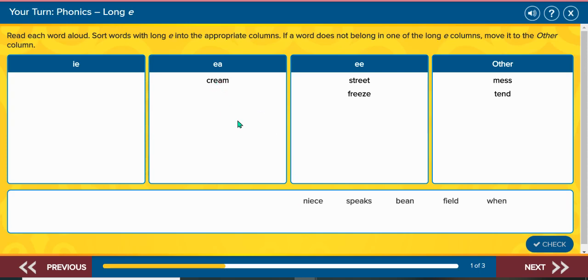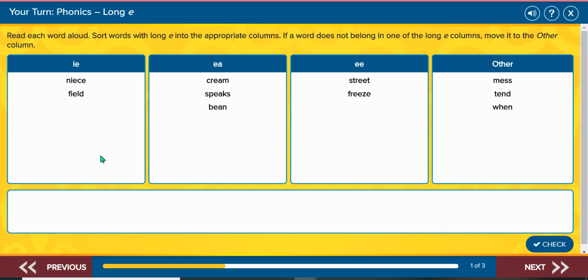Notice how it's in the middle of a word. Niece, IE. Speaks, long vowel E with the EA pattern. Bean, same thing. Field, IE, long vowel E.